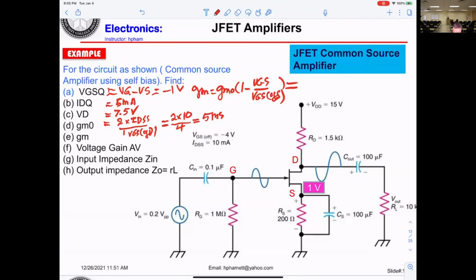So basically they will be 5 times 1 minus VGS, we already calculated equal minus 1, -1 minus 4. So in parentheses there, that'll be 0.75, and 5 times 5. 3.75, right? Yep.